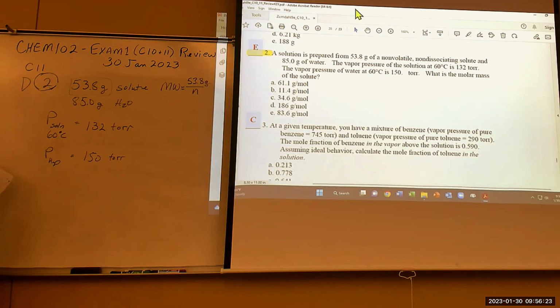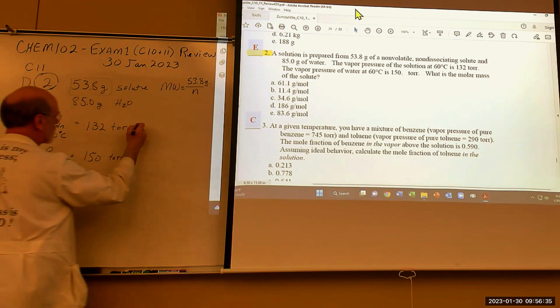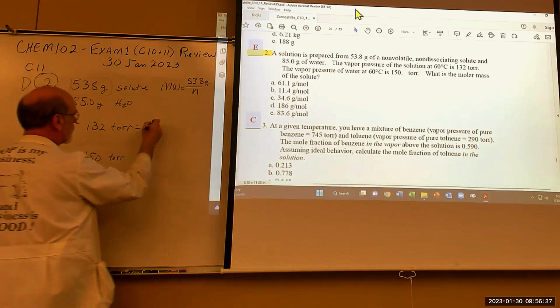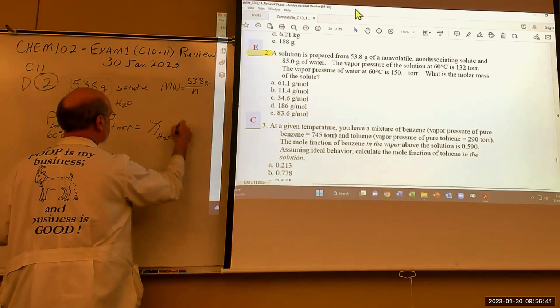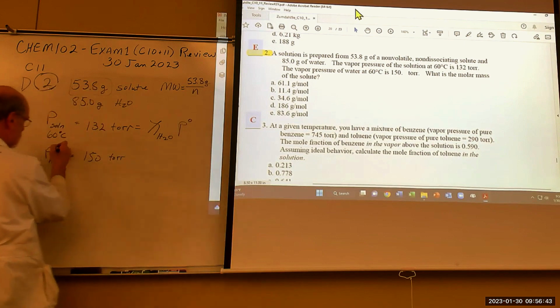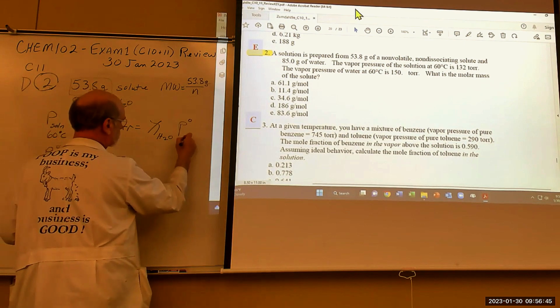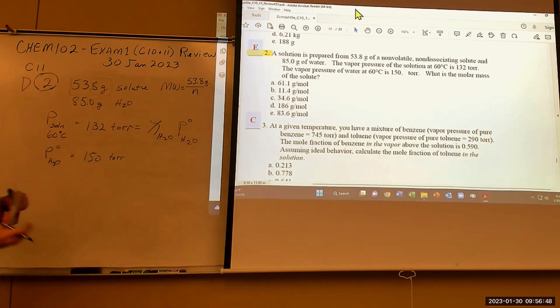Okay, so now we're looking at Raoult's law. The pressure of the solution is equal to the mole fraction of water times that pressure right there.